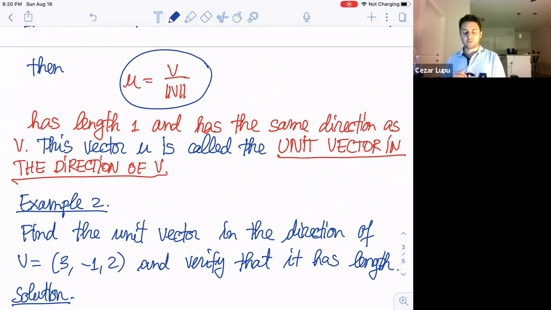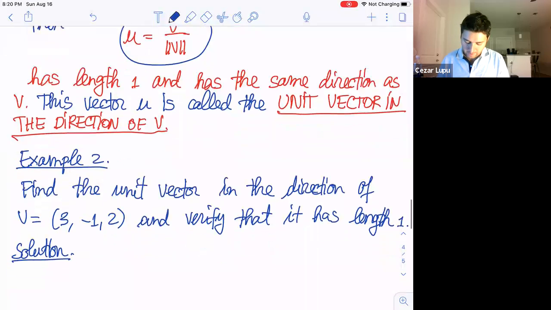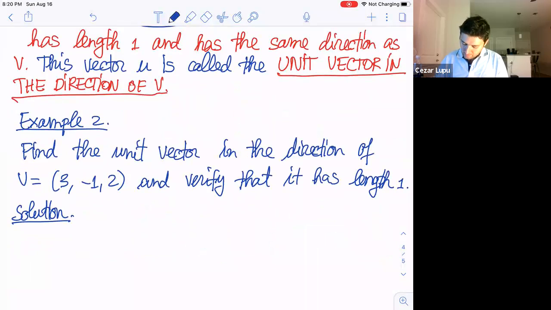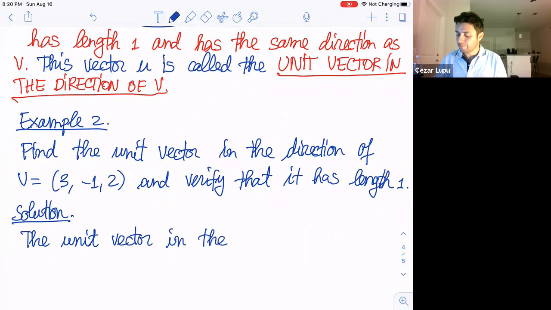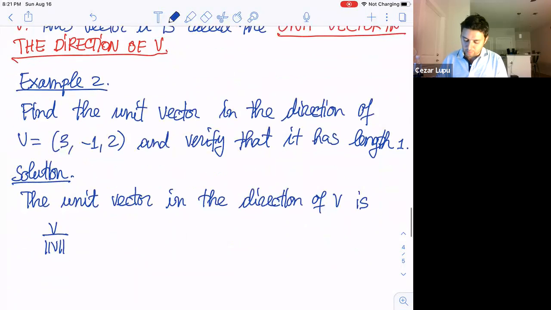And this is what I'm interested in. Okay, let's do it. The unit vector in the direction of v is given by v over its magnitude.